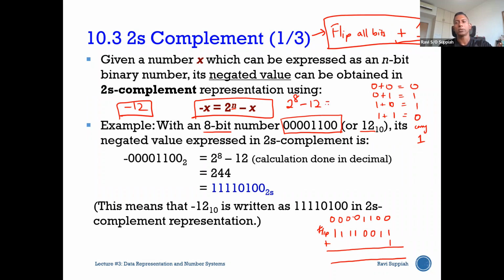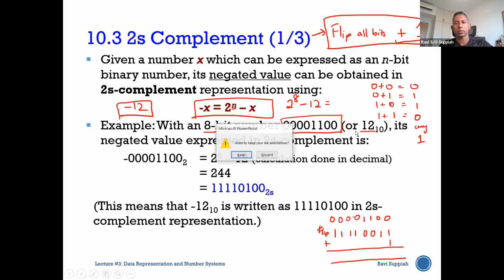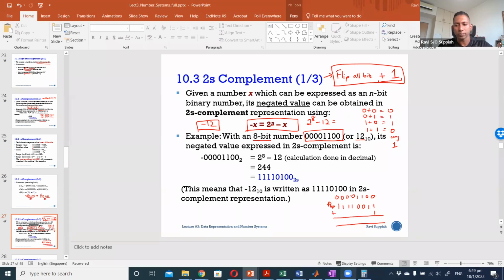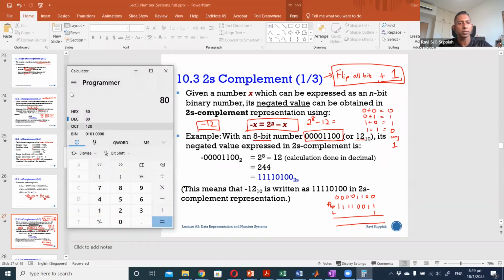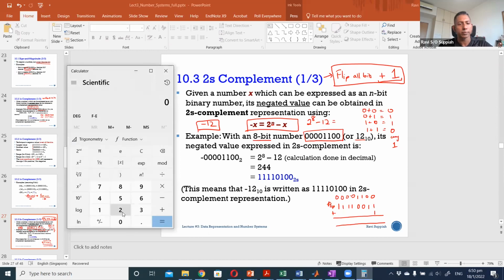All right, so what is 2 to the power 8? Let me just show you here. 2 to the power 8 is 256.